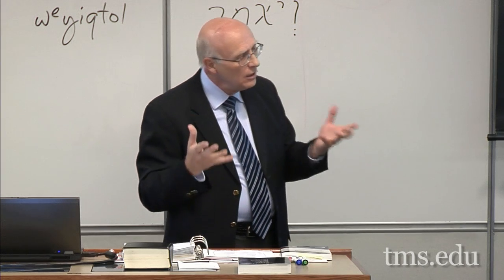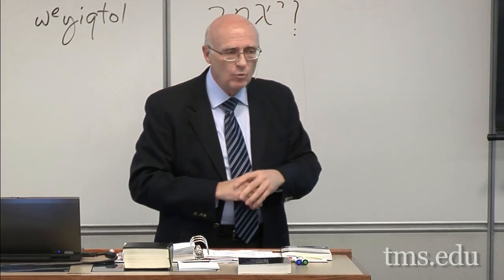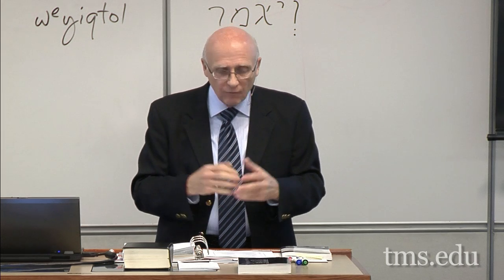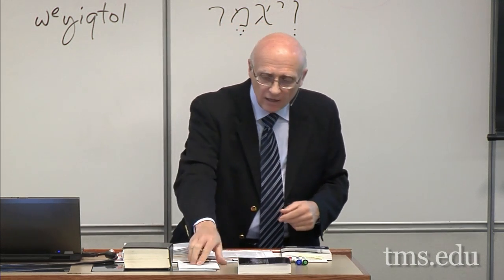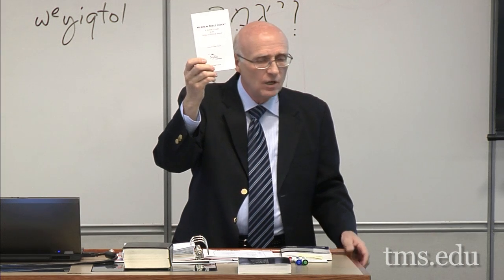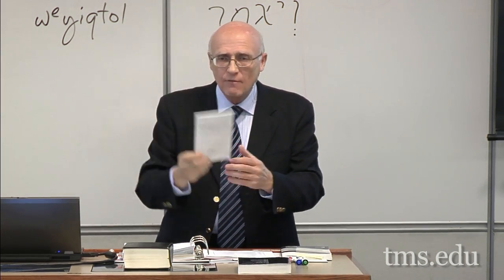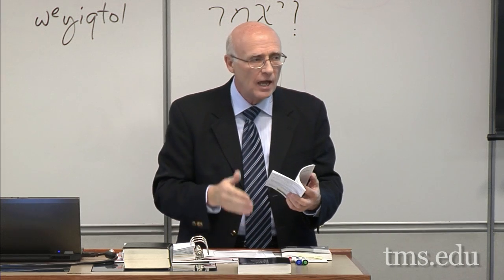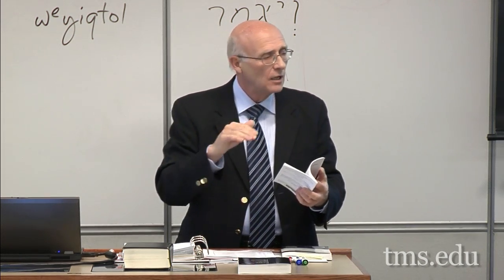Okay? But get into the details. Don't skip any word, don't skip any phrase. And ask those difficult questions. If this is a construct state, and if Putnam lists 18 different kinds of genitive, then which of those genitives do I have here? And you begin by the process of elimination. You look at the first one, say, nope, it's not what I have. Second one, nope, it's not what I have. Keep on going down.